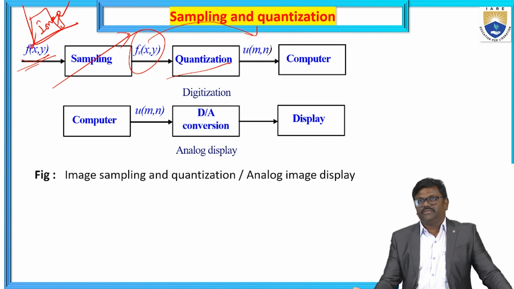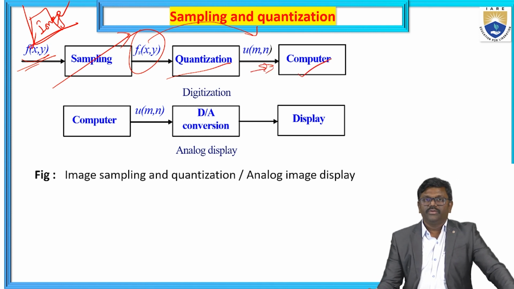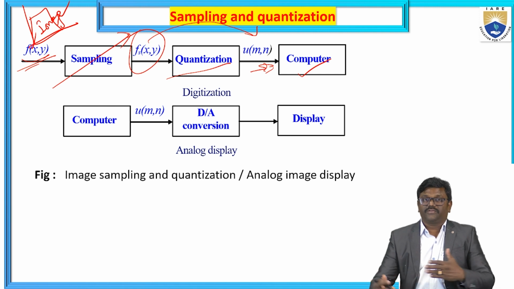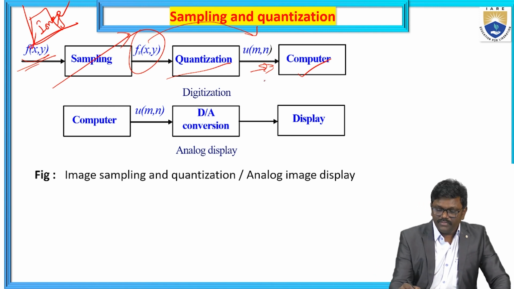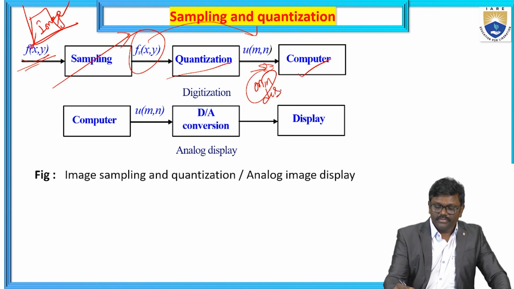That is digitized. So that data is now the input to the computer. Computer is nothing but your discrete process unit. Okay. So that means your m comma n values are discrete. That means digital, which is simply called binary.